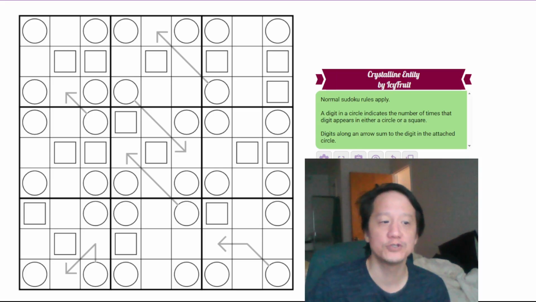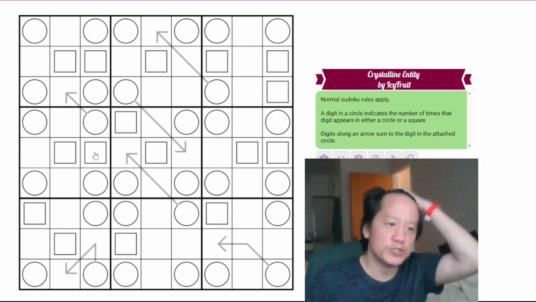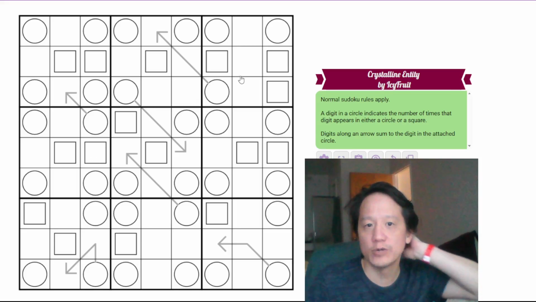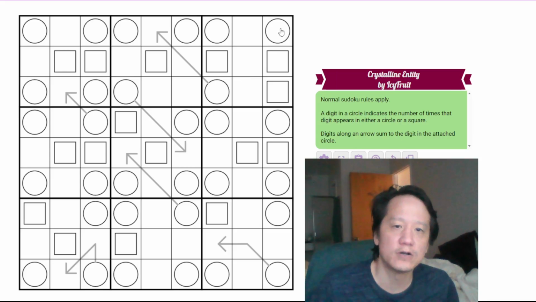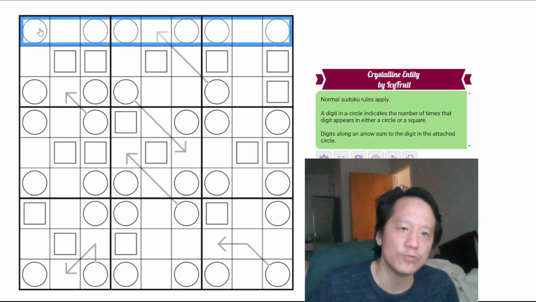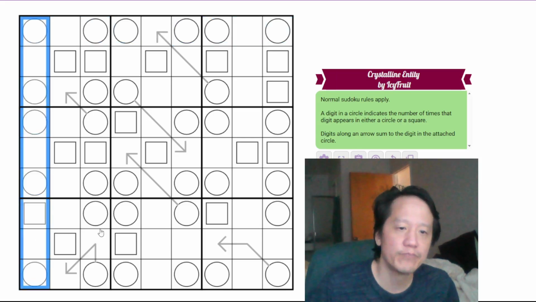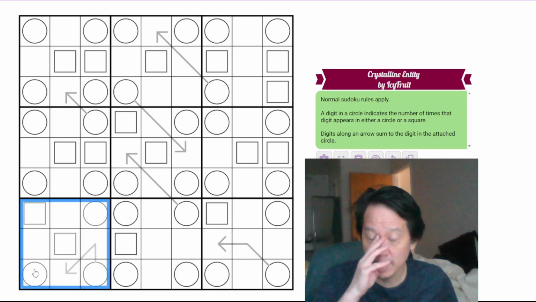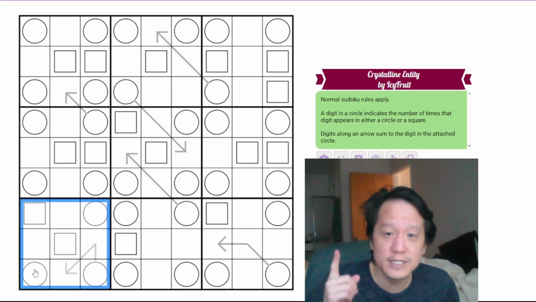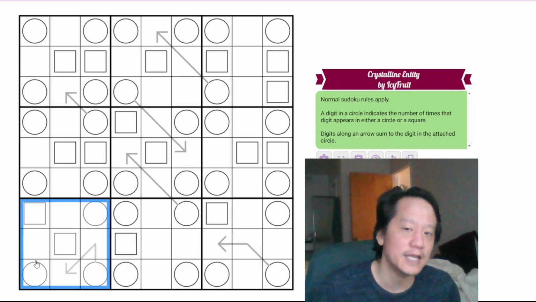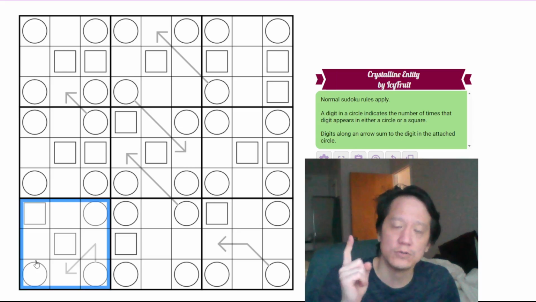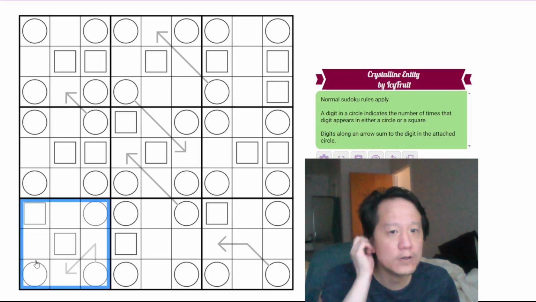Normal Sudoku rules apply, which means in every cell in the grid, place a single digit from 1 through 9, such that there are no repeats in any row, column, or designated 9-cell region, which is a box in this case. We have digits in a circle, which indicates the number of times that digit appears in either a circle or a square.